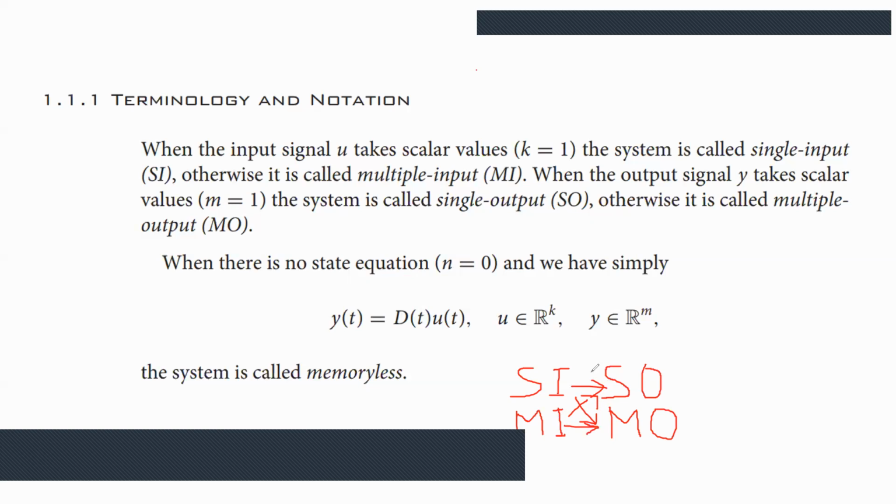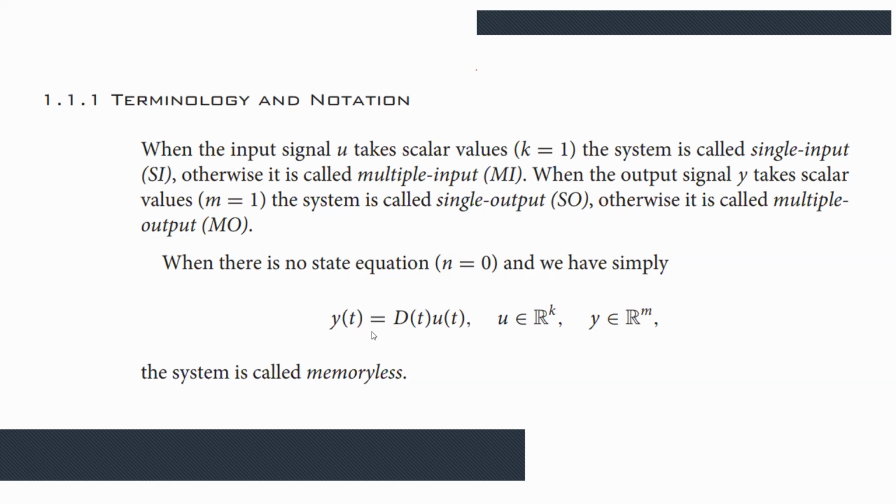So there are four classes of the systems कि जिसमें हमें different equations बनानी पड़ेंगी. इन equations को देख लेते हैं कि ये कैसे equations आएंगी. एक तो memoryless जो system है उसकी equation आपने देख ली कि if there is no state equation, only we have a relation between the input and the output.